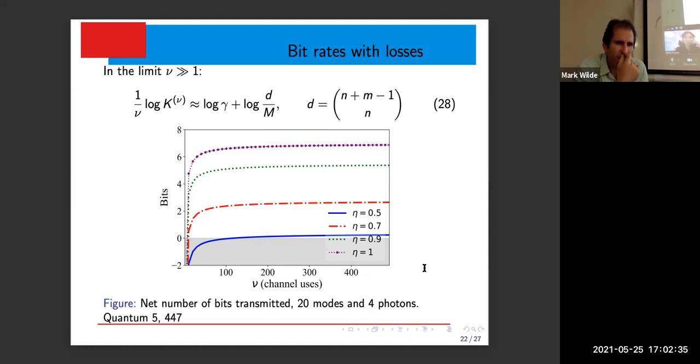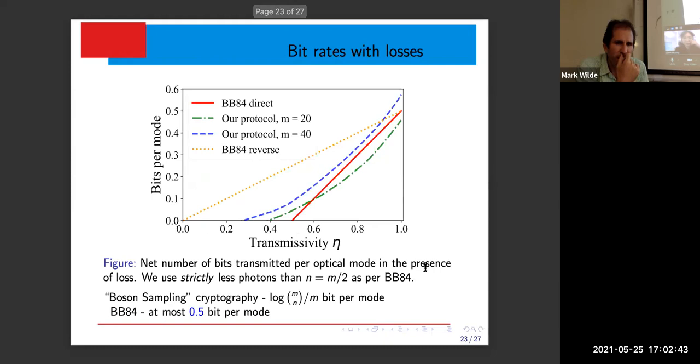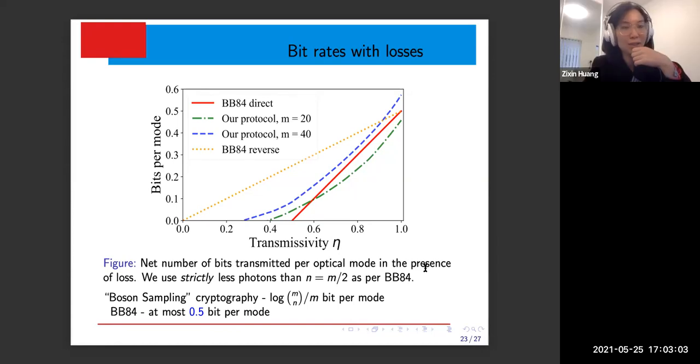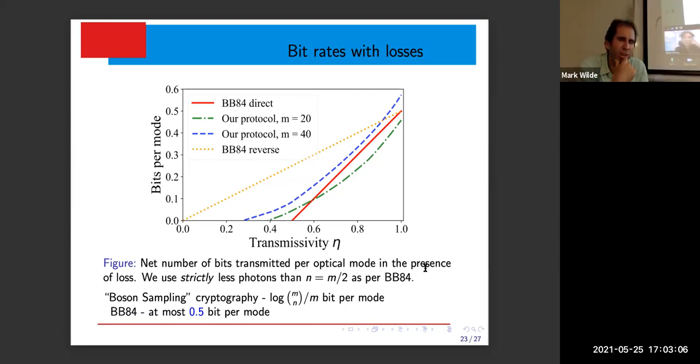My next question is more of a comment. If you could go to the slide with the comparison with BB84. I actually think it is a comparison of apples to oranges, because this photonic data locking is a protocol for transmission of a private message and not for generation of a key, whereas reverse BB84 is more like a protocol for key generation, which you eventually combine with a one-time pad.